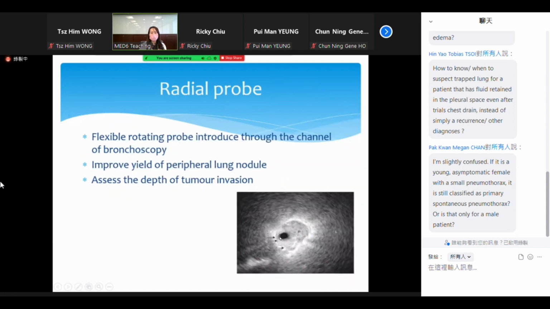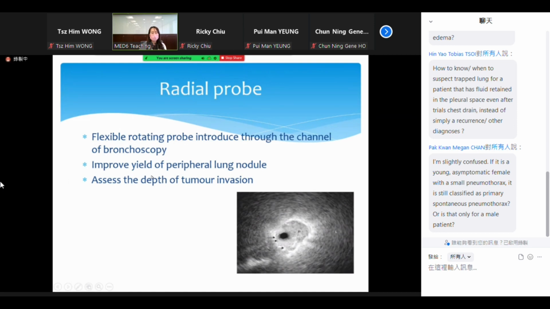So this is the ultrasound image for the radial probe. You can see for the normal lung, the ultrasound is not visualized clearly. So if there's a solid lesion in the lung parenchyma, we will see an echogenic lesion here, and this is the lung nodule.